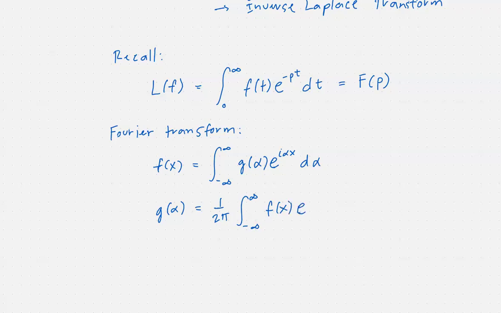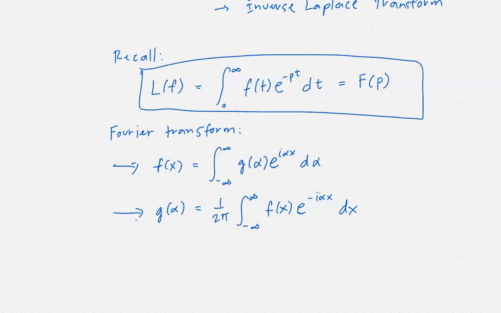Okay? So basically, this is your inverse Fourier transform. So this is your Fourier transform, and this is your inverse. Okay? Now, therefore, we do need to get the inverse version of the Laplace transform, which we can obtain by following the same logic as in this Fourier transform. Okay?